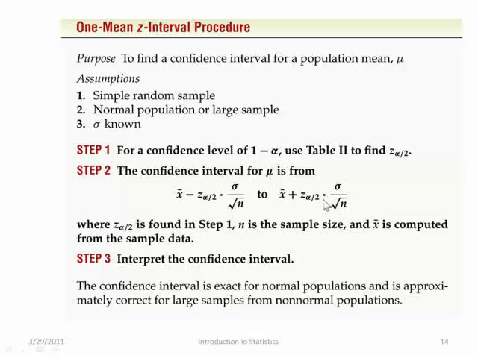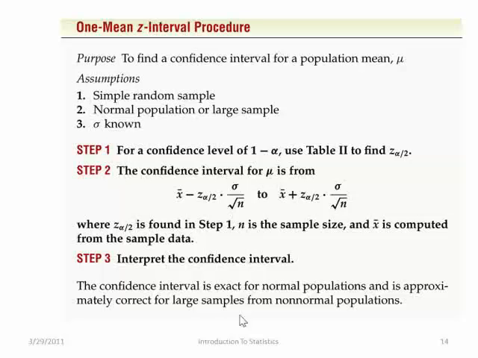Now there's a bunch of conditions coming up. All right. So basically what I want you to know right now is that if sigma is known or the sample is large, you use a z interval. That's what I want you to know right now. This is going to change when we come back on Thursday.